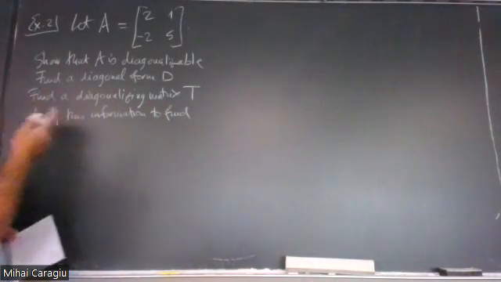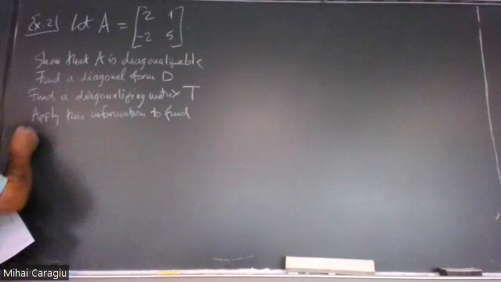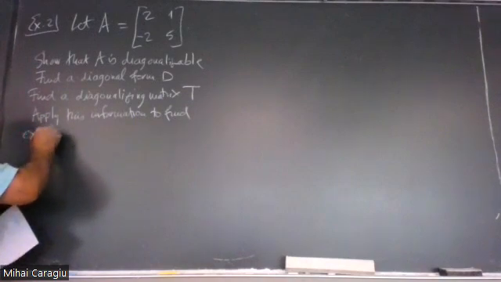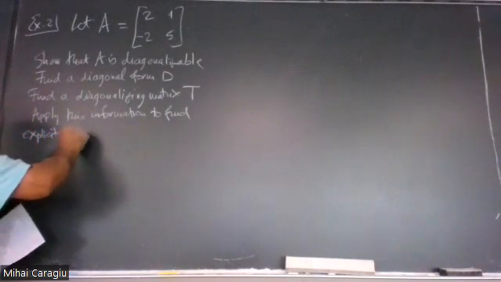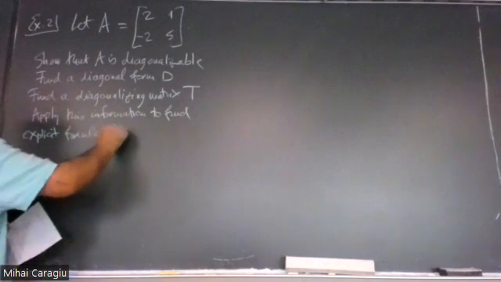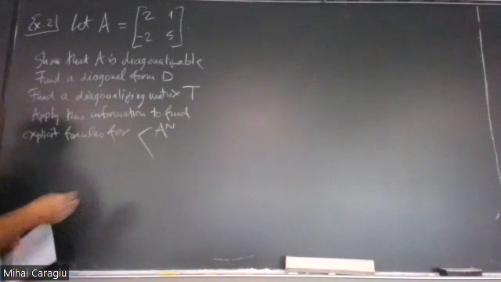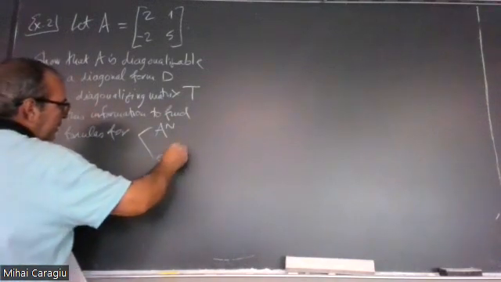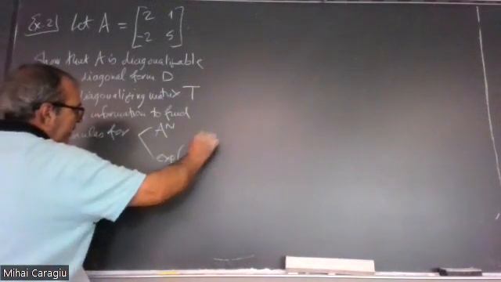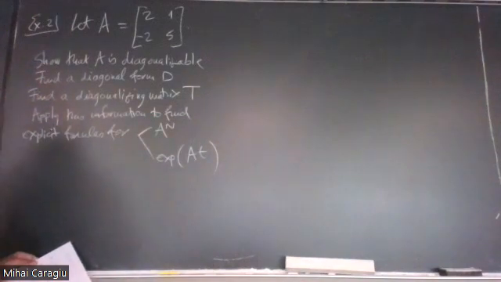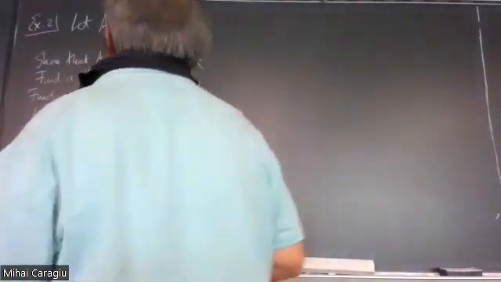So I want more questions: find explicit formulas, first of all, for A to the power n and the exponential of At, t being a scalar. This covers a lot from the diagonalization chapter.